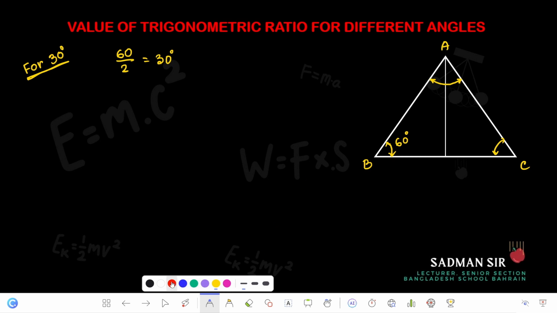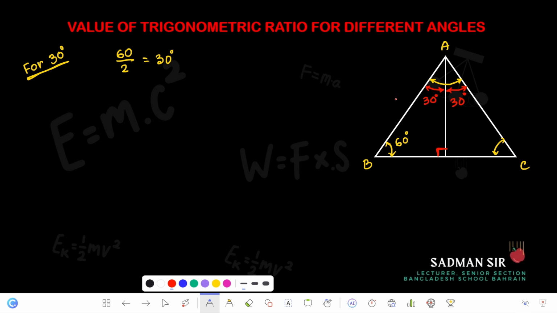That means this part will now be a 30 degree angle, and this part will also be 30 degree. And as we have drawn a perpendicular here, in an equilateral triangle this is a special characteristic: if you draw the bisector of an angle, it will be perpendicular on the opposite side, and it will also bisect the opposite side.